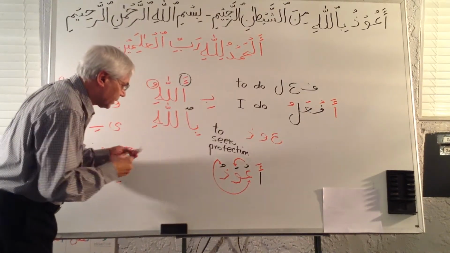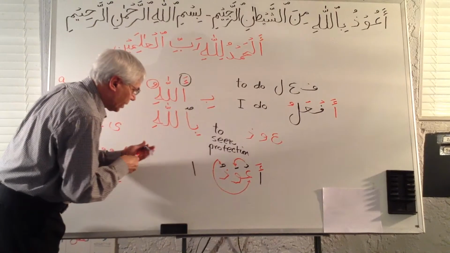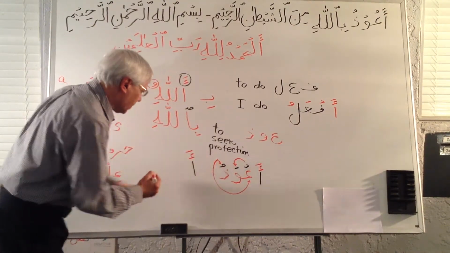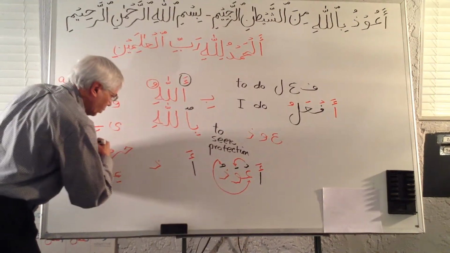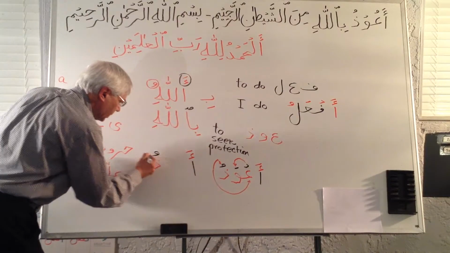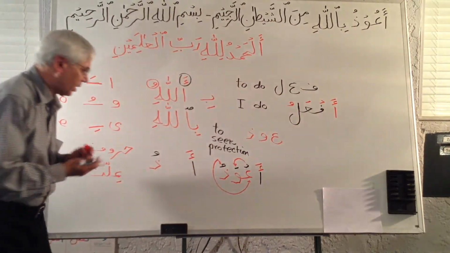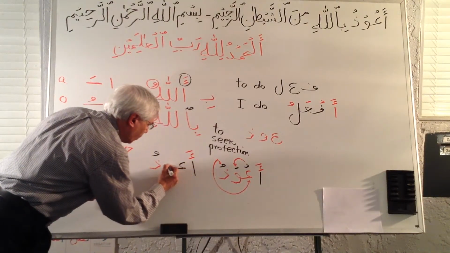Let's first keep the other guys together, we are not going to touch them. Alif will stay there, and dal will stay there with dhamma. We are not going to do anything with the first one and the last one. That leaves ayn and waw.